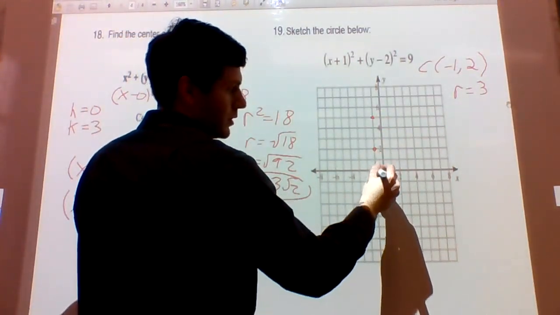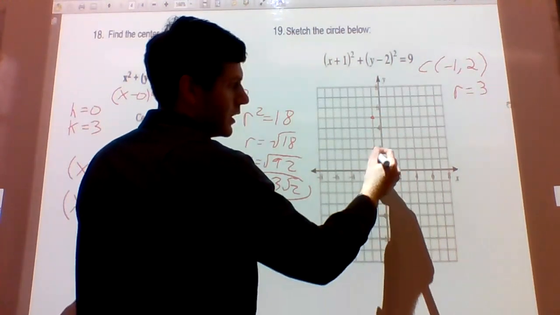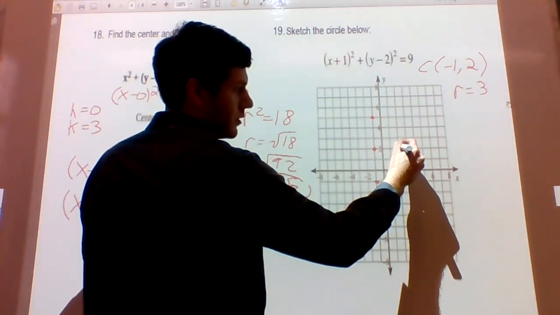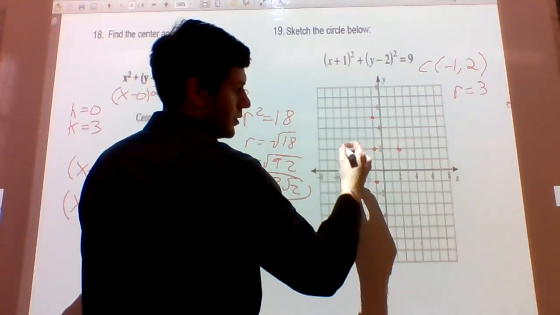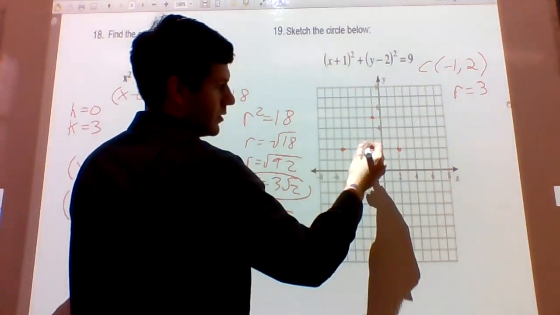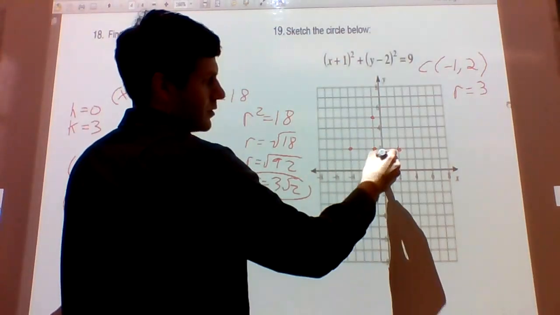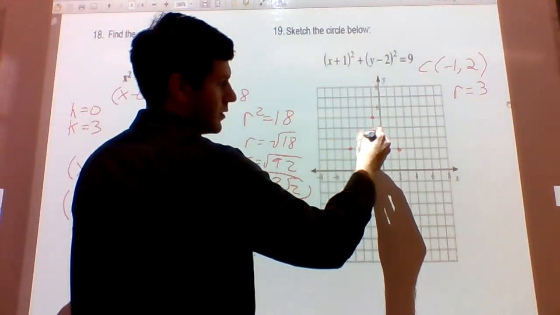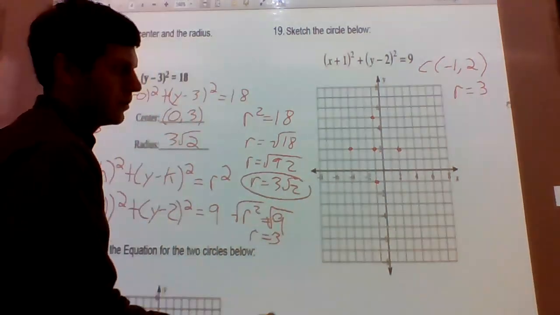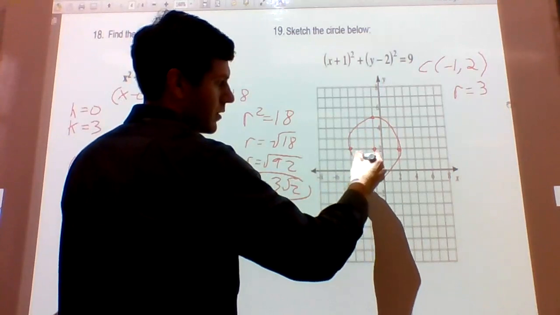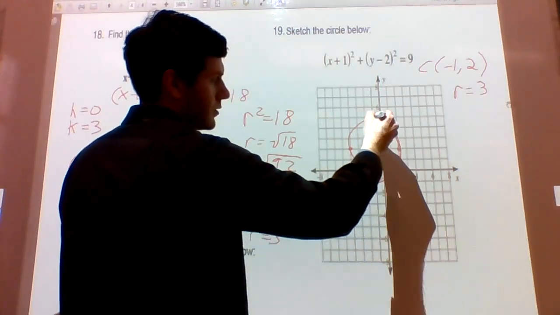If we go down 3 units, we have another point on the circle. If we go right 3 from the center, 1, 2, 3, we have a point on the circle. If we go left, 1, 2, 3, we have another point on the circle. So we know those are the points on our circle, so then we can just connect them.